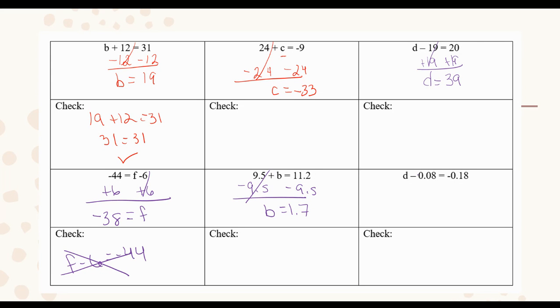And our last one here, yes, there is decimals again. Just please make sure that you are keeping your decimal point at the correct spot here. So to get that variable by itself, we need to add 0.08 to both sides.